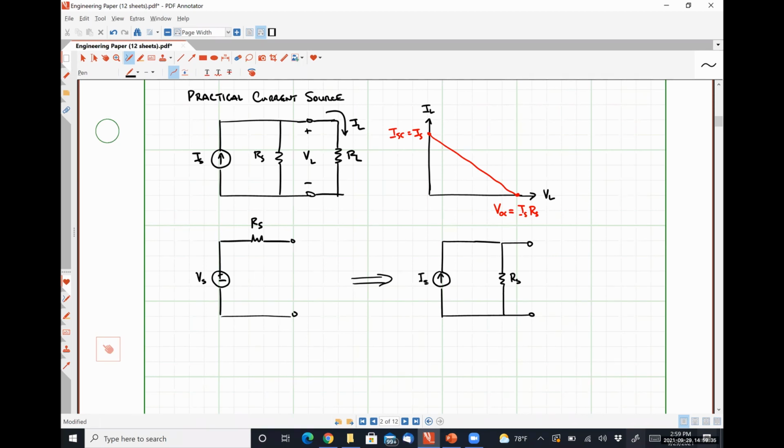Okay. So for these two circuits, or portions of a circuit, to be electrically equivalent regardless of whatever load is connected to them, let's look at a generic load impedance, RL, connected to both.